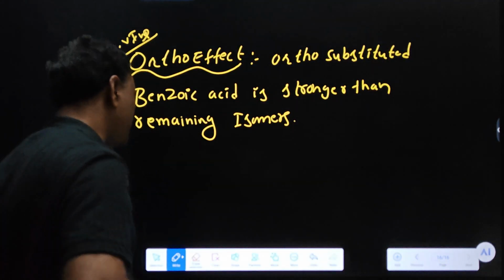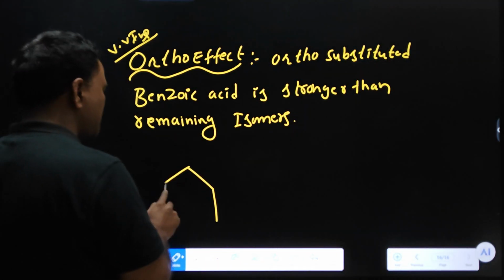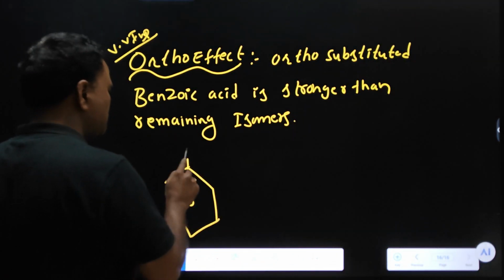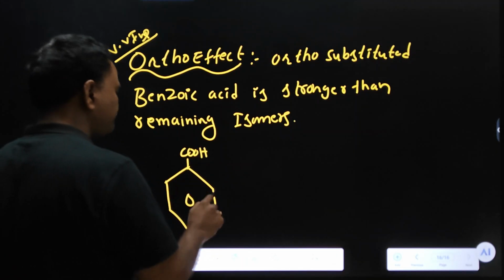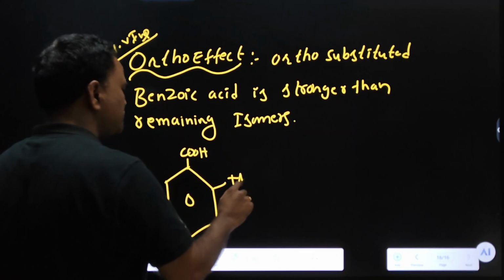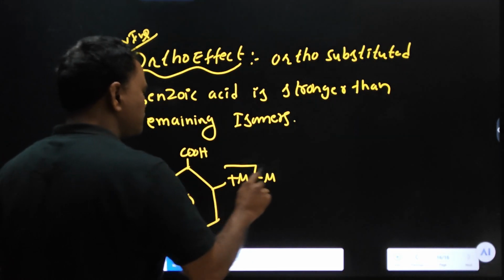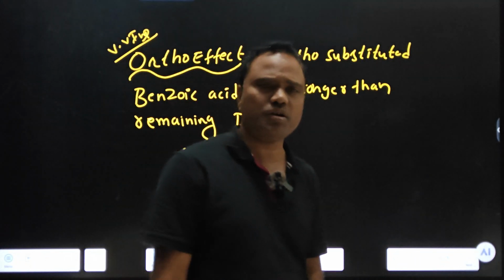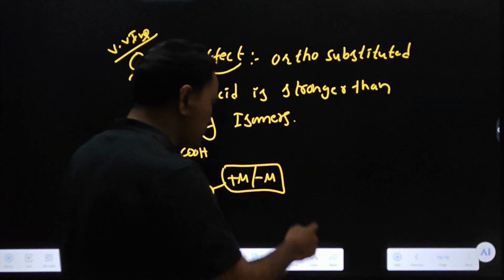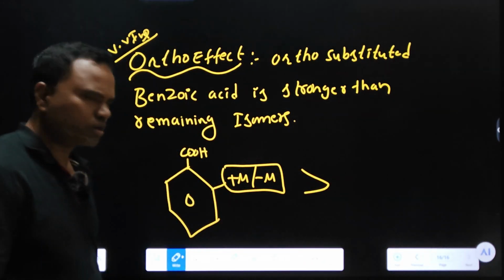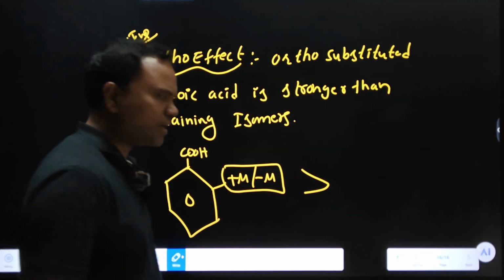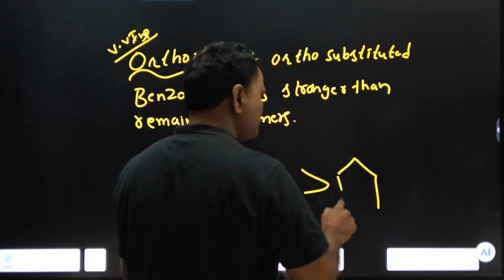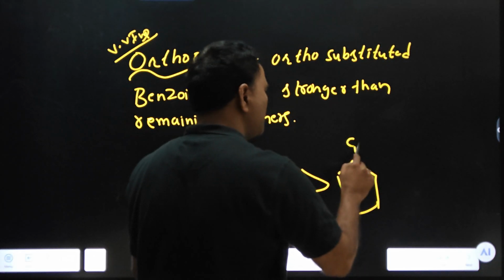Once look at this, I am giving a generalized example. COOH. Here I am taking some plus M or minus M group in the ortho position. In the ortho position, whatever the group may be, whether it is a plus M or minus M group, ortho-substituted benzoic acid is always greater than the remaining isomers.